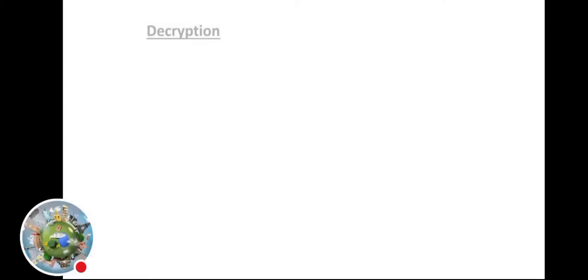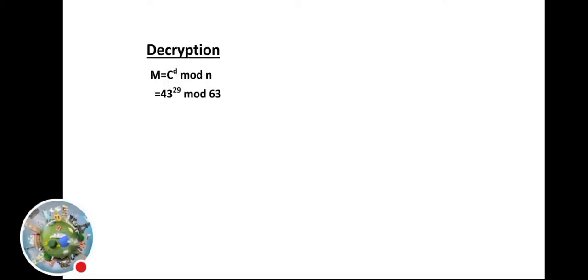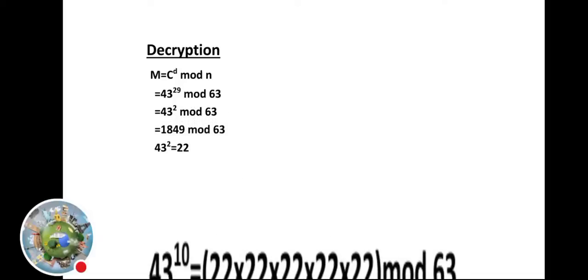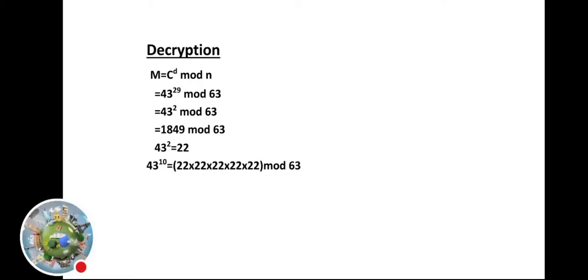Now you have to verify whether it is correct or not. M equals C to the power of D mod n. 43 to the power of 29 mod 63. First find the square. The square value is 22. Then 43 to the power of 10. If you find this, you will get the answer 43.